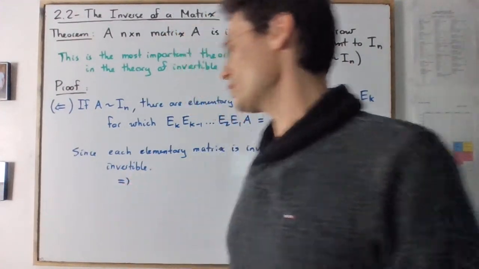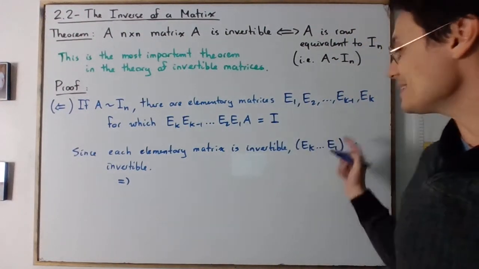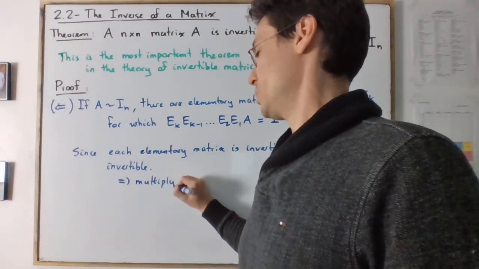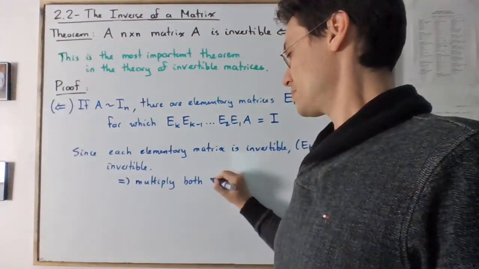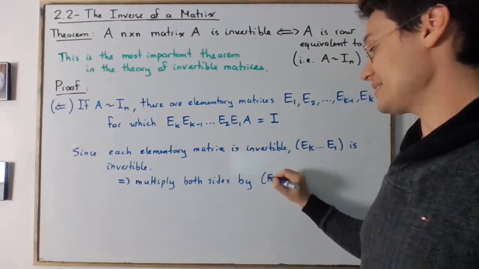So what it means is that we can multiply both sides of this equation by the inverse.